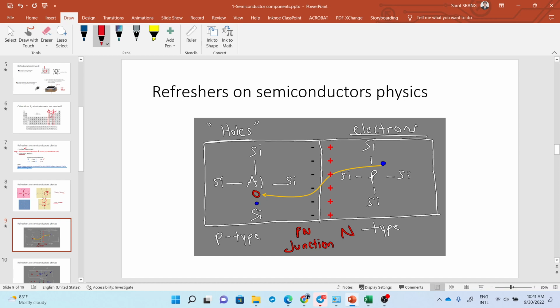So if we take n-type and p-type and join them together, here is p-type and here is n-type. P-type actually attracts electron.